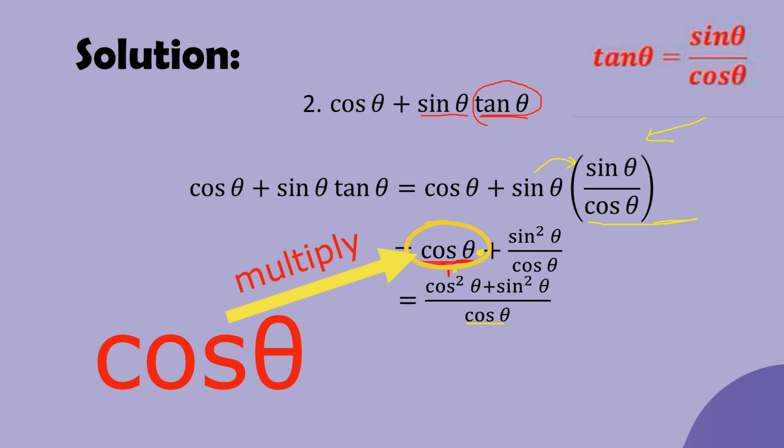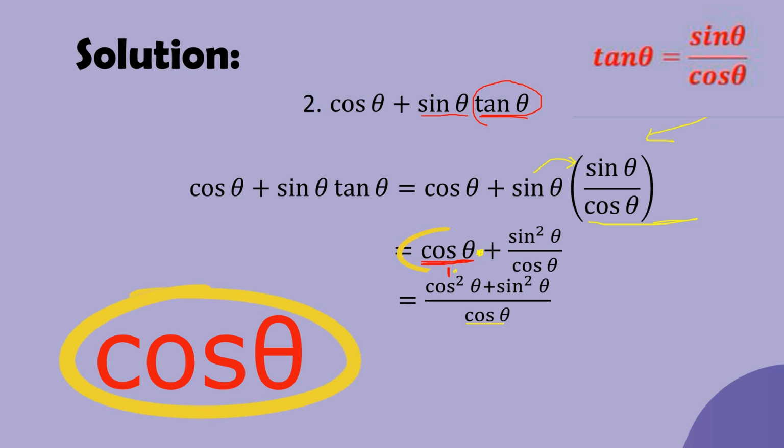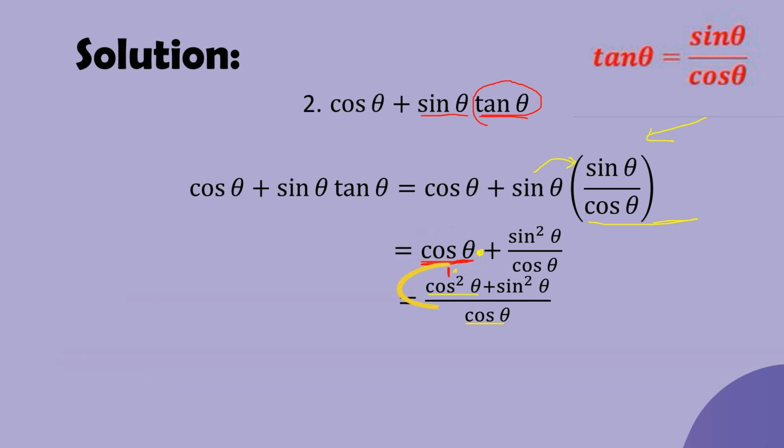So that's cosine theta times cosine theta. Cosine squared theta ang kalalabasan. Yung sine squared theta, you can just copy it since yung LCD at yung denominator nito ay pareho lang. So that's cosine squared theta plus sine squared theta all over cosine theta.